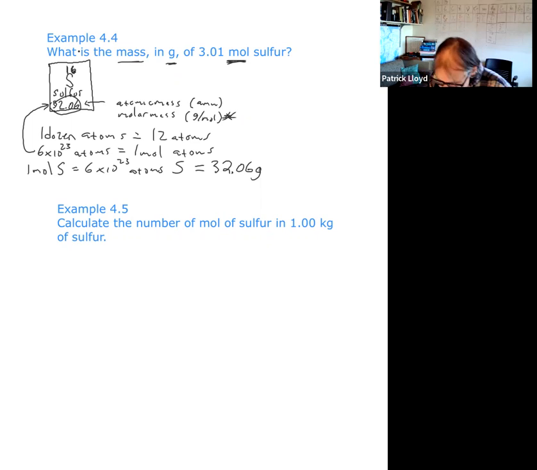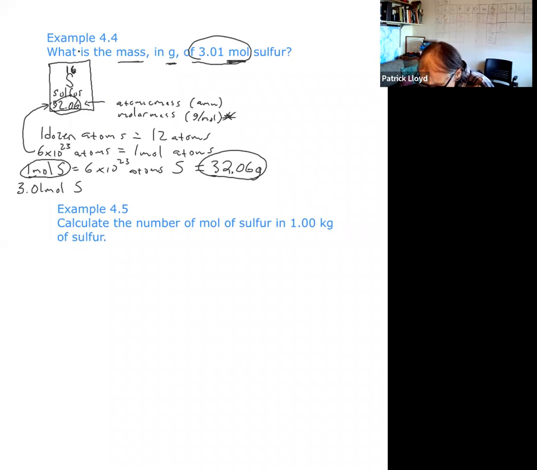And so the way that's done is we take the number 3.01 moles of sulfur, and we use this conversion here as a conversion factor. I'm going to write it up here on the right side. 1 mole of sulfur is 32.06 grams of sulfur.